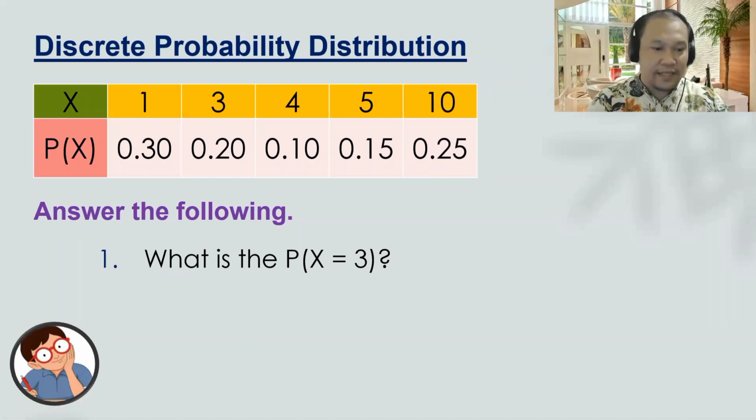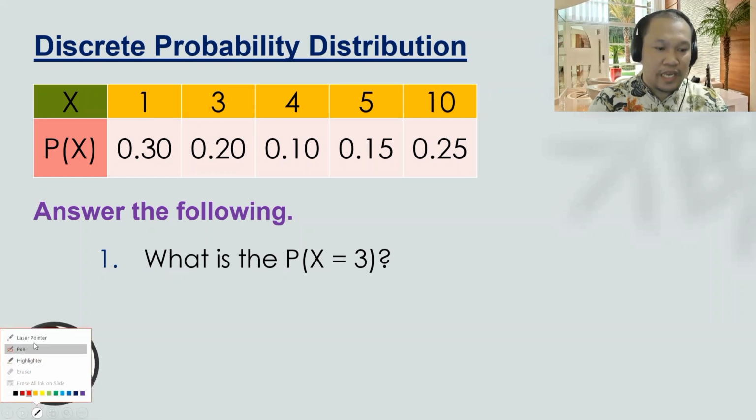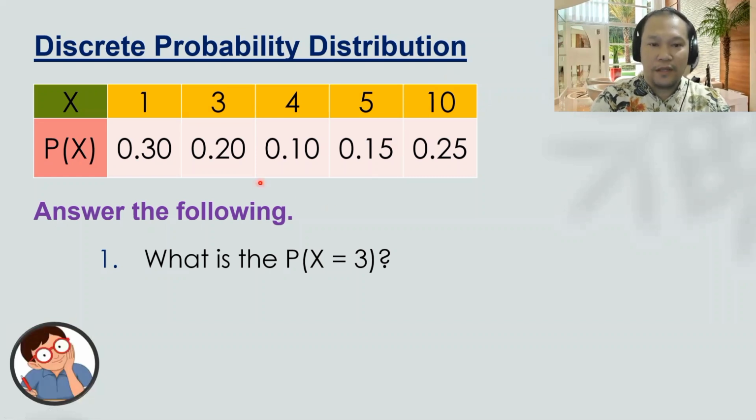Looking at our given table, the probability where x is equal to 3 is 0.20.